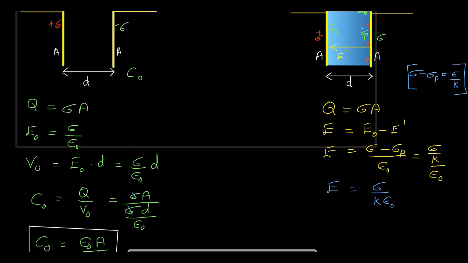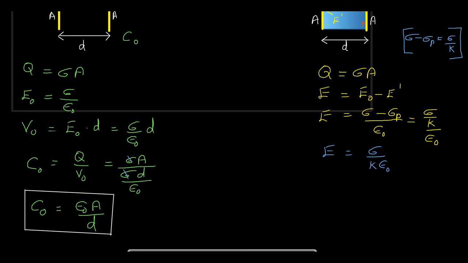Now how much is the potential difference across the two plates? Potential difference is E into d. d is the distance between the two plates, or that itself is the thickness of the dielectric. Substituting for E, sigma divided by K epsilon naught into d.